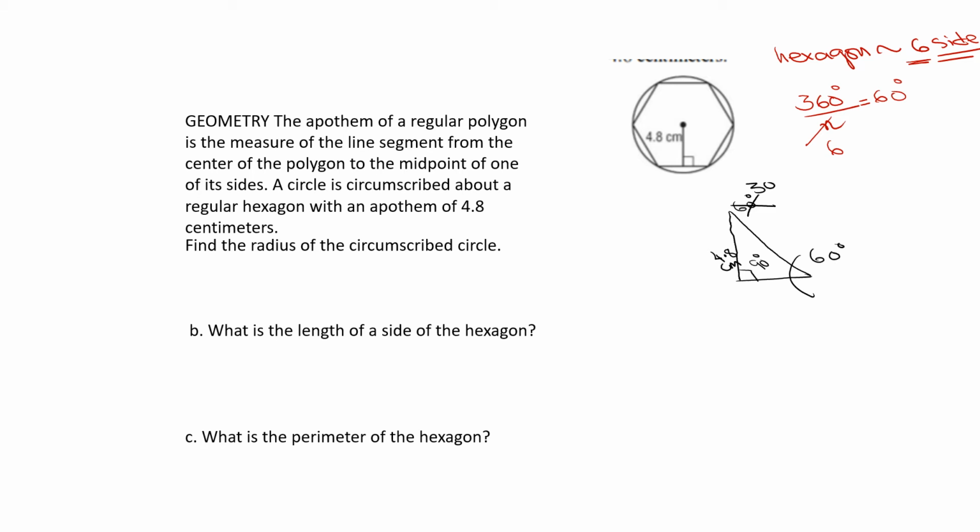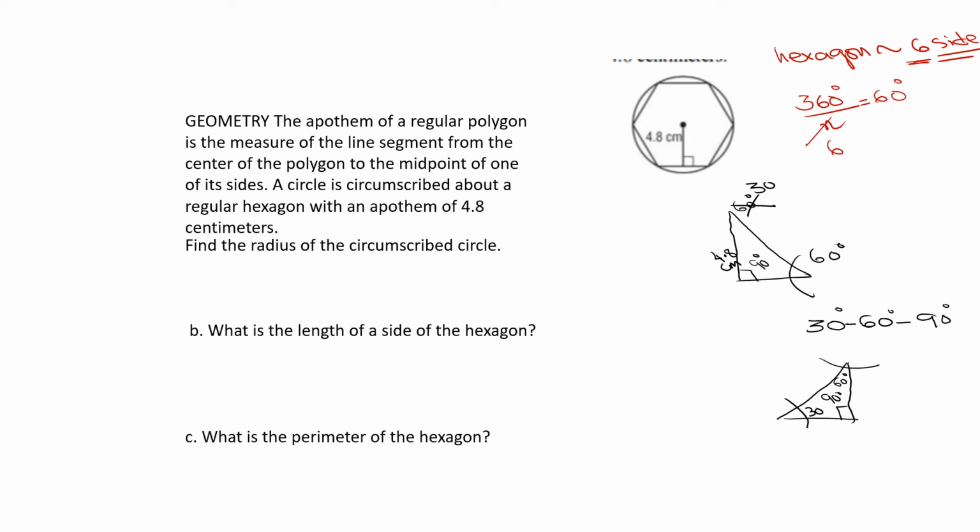So I know some information about my special triangle, that is 30, 60, 90 degrees. Let's make this 30, 60, 90 triangle. This is my 30 degree, this is the 60 degree angle, and this is the 90 degree.